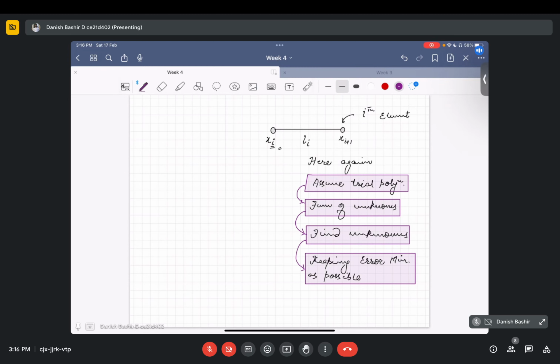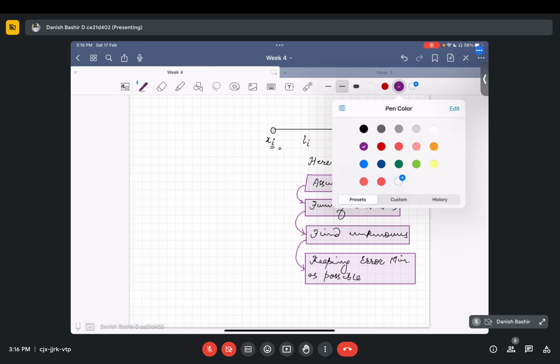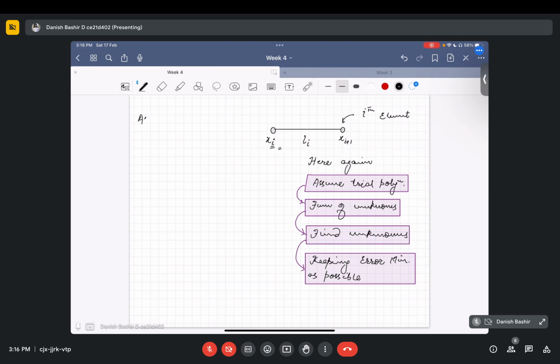Okay, so for this typical element we will assume a linear polynomial. In the last problem we assumed a quadratic polynomial, a naught plus a1 x plus a2 x square, if you remember. It also depends upon what degree of polynomial you are choosing.